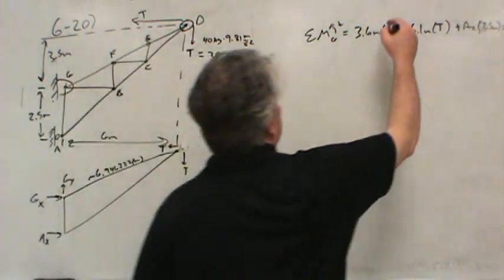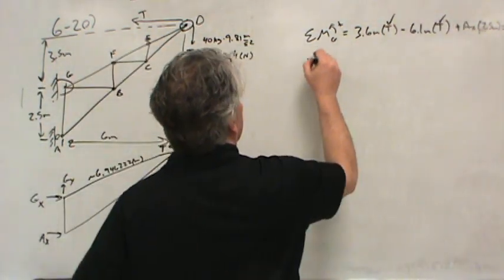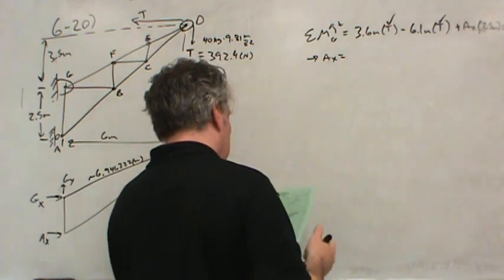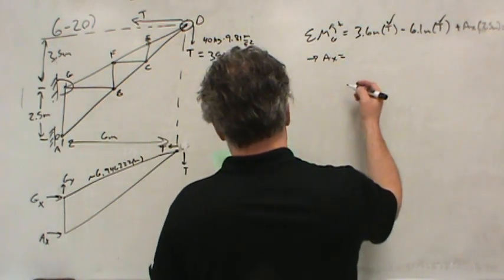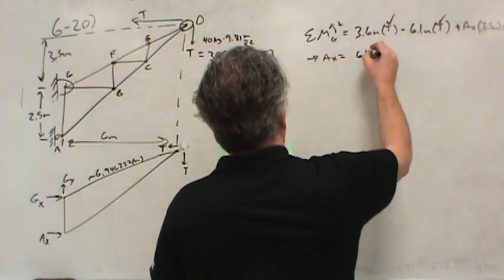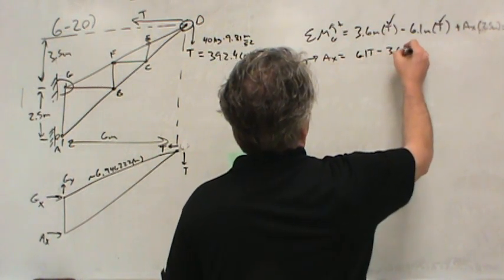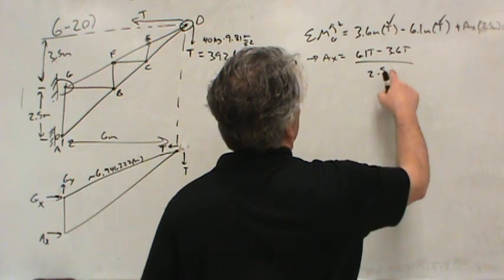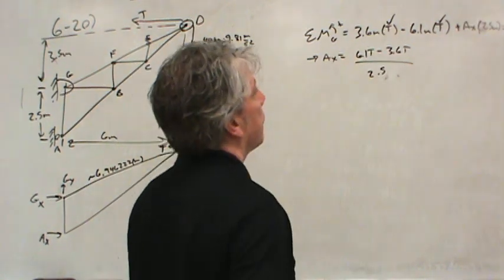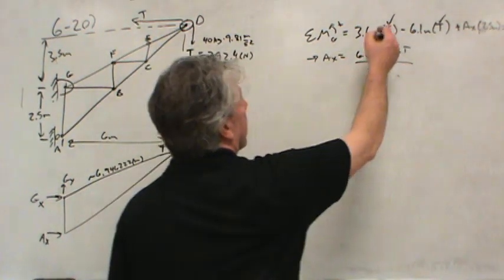Now, of course, we know the tension, so what this equation will do is yield AX, and AX then is 6.1 T less 3.6 T divided by 2.5. These are meters, 3.6, 6.1, 2.5. You can see where they come from. They're all meters. They just cancel.